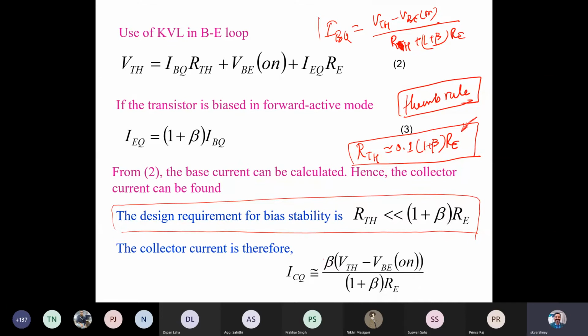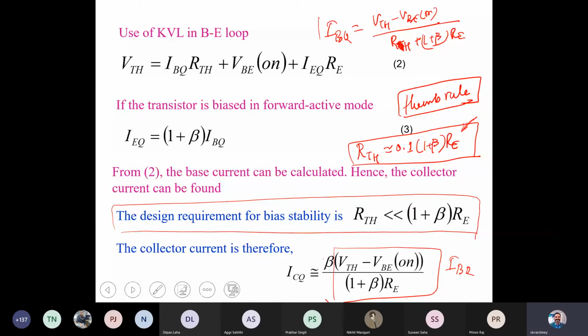And the collector current we can already find, because we know IBQ, so ICQ we can estimate as beta times IBQ. That gives us the collector current.